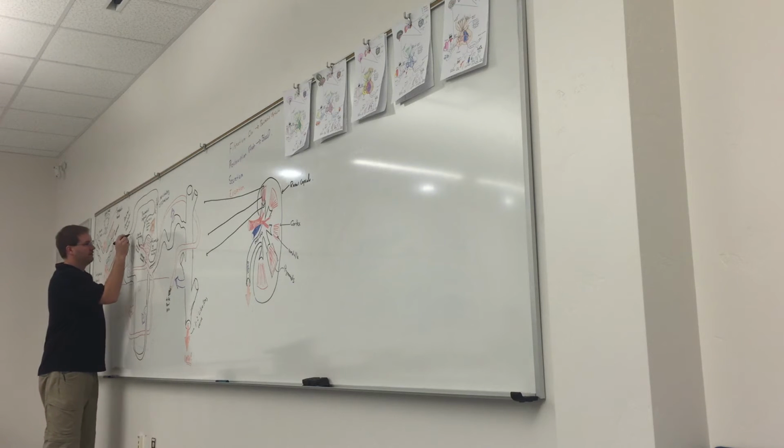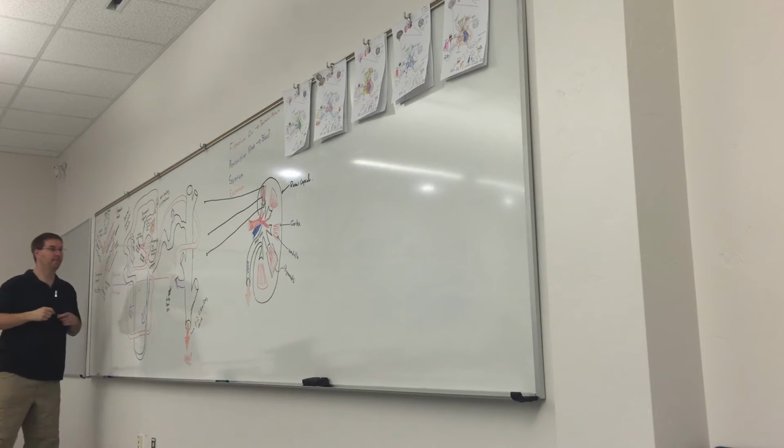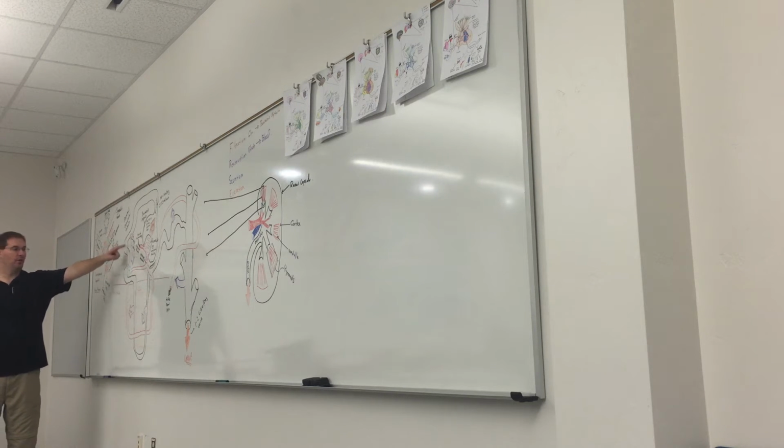So 65 to 70% of our sodium and about 65% of our water. You guys cool with that? So I have a whole bunch of reabsorption occurring here, and reabsorption means to move from the tubule back into the blood. You guys cool with that? From the tubule back into the blood.